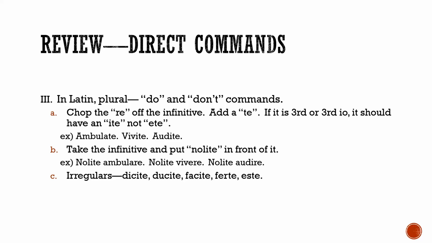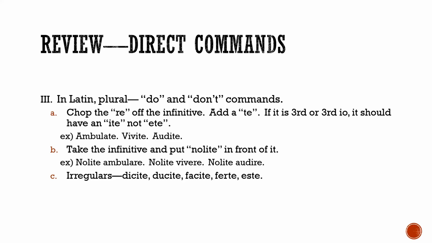Live to more than one person is vivite. It's third, vivo vivere, right? But that e is going to change to an i. And then listen. So if I wanted to say discipuli and tell all of you to listen, audite. For the don't part, you take the infinitive and put nolite in front of it, and that's all you do. So nolite ambulare, nolite vivere, nolite audire.